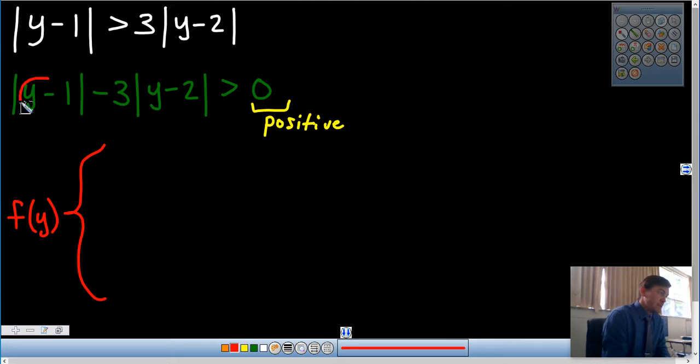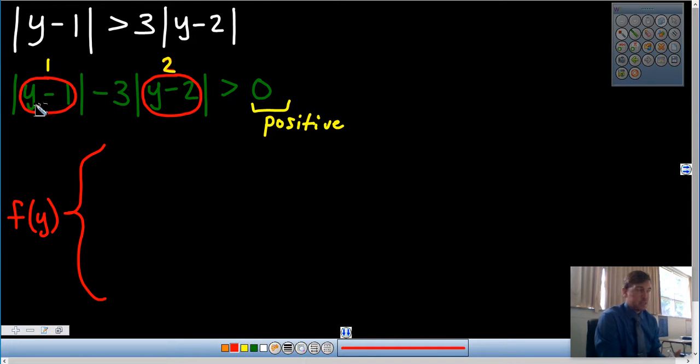Well, y minus 1 would be 0 when the y value is 1. This one, y minus 2 times 3, would be equal to 0 when the y value is 2. So that's going to help me set up some intervals.